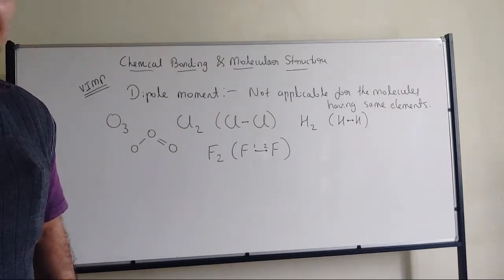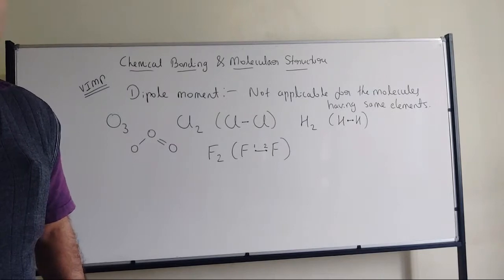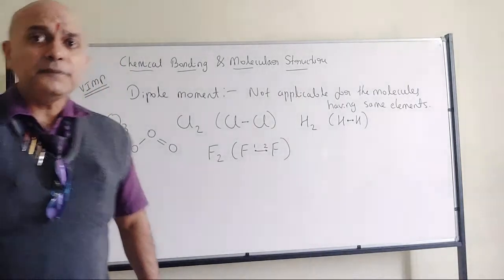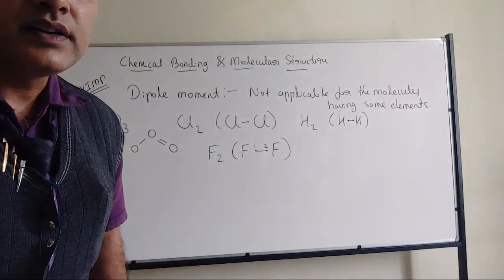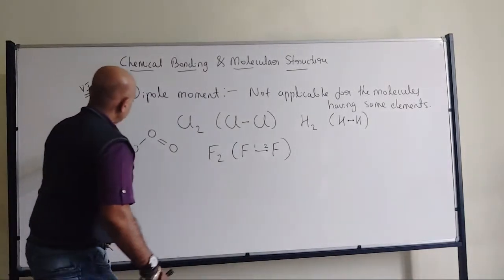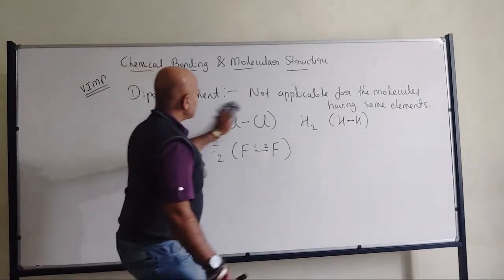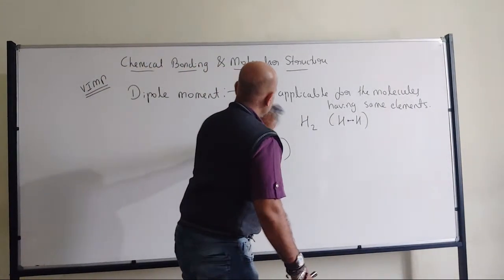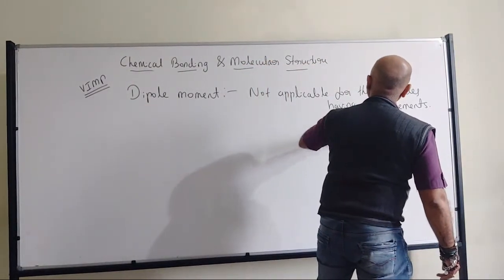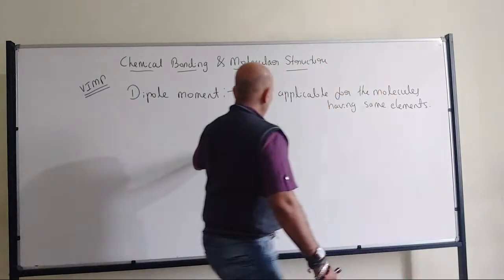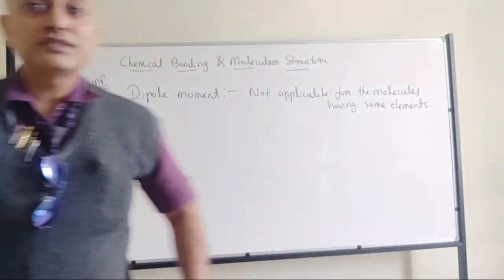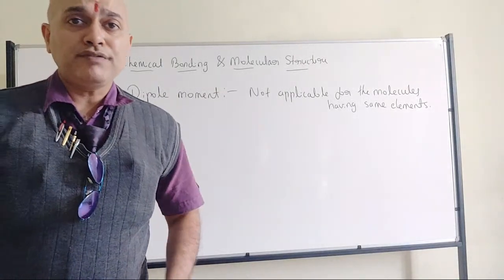All of you have understood? Shall we move to the next one? These are some of the examples, but here there is no question of dipole moment, because dipole moment is not applicable for those molecules which have the same type of element.